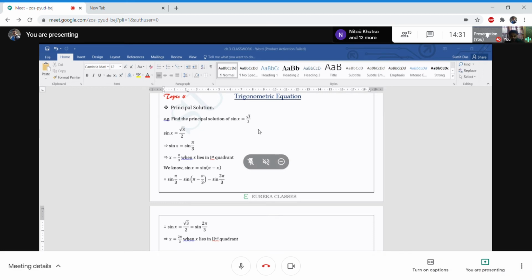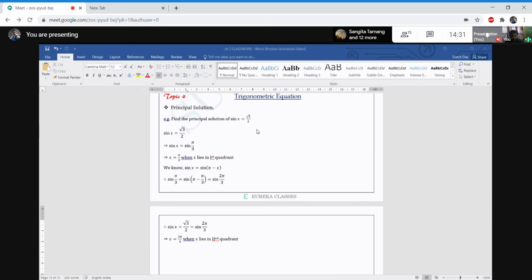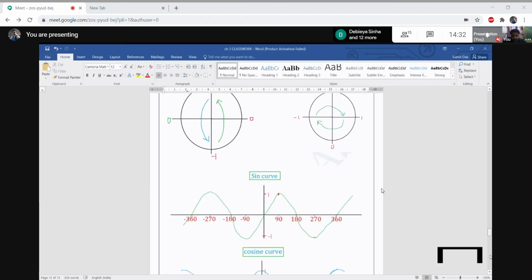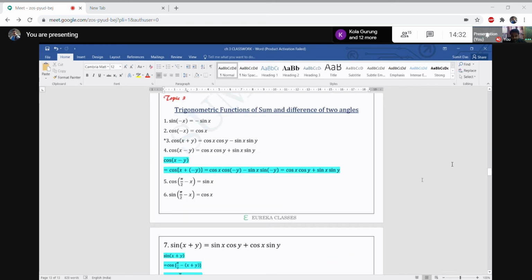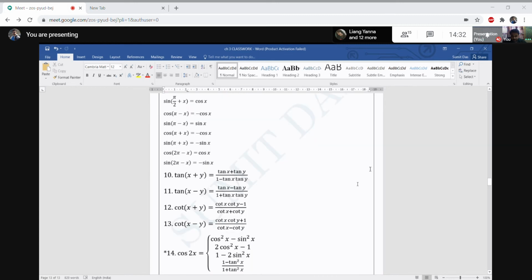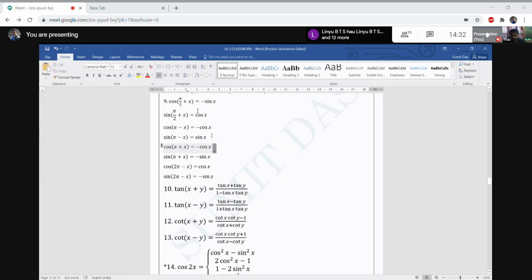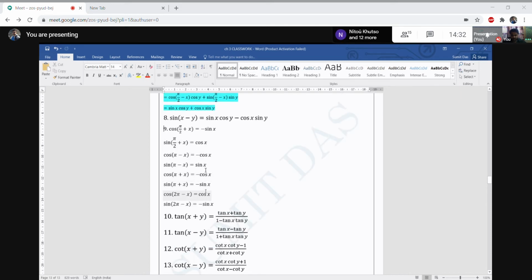So for any positive value given for cos, find one angle using the first quadrant value, then use the same formula, cos x equal to cos 2 pi minus x. This is formula number 9.